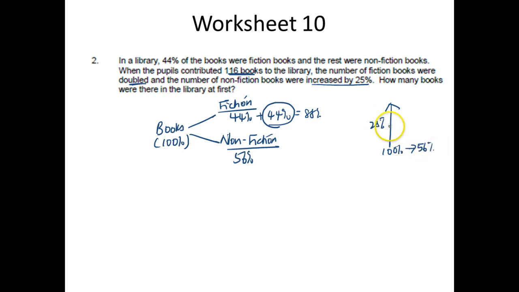I want to find what is this 25%. 100% is 56. 1% is 56 divided by 100. 25% is 56 divided by 100 times 25, which is 14. So there's an increase of 14%.